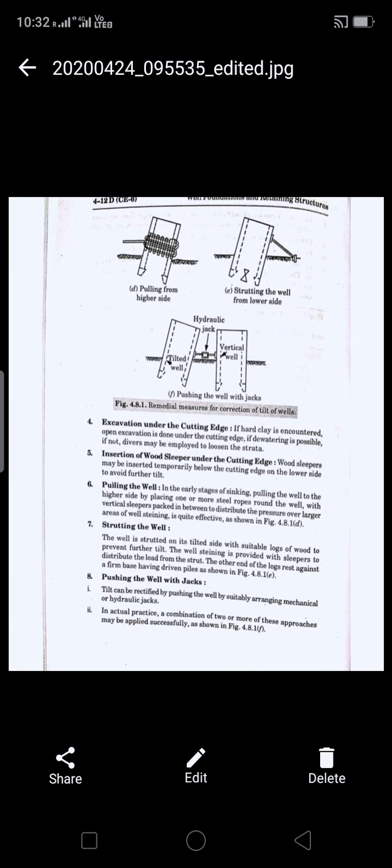This is the vertical well. With respect to the vertical well, we jack the tilting well through the hydraulic jack, and the tilting well will go to the original position. So these are some operations which we use to give remedial measures to the sinking, shifting or tilting of the well.